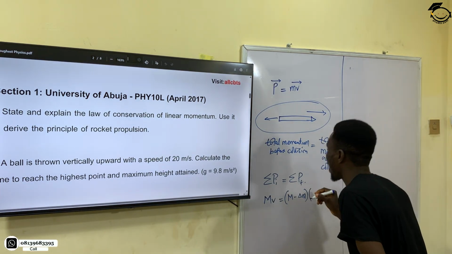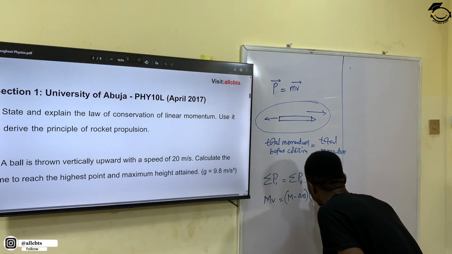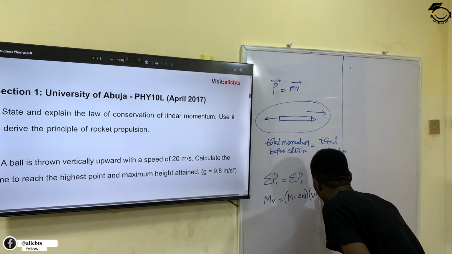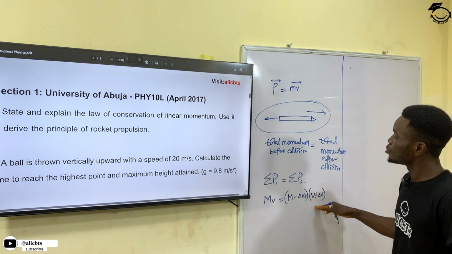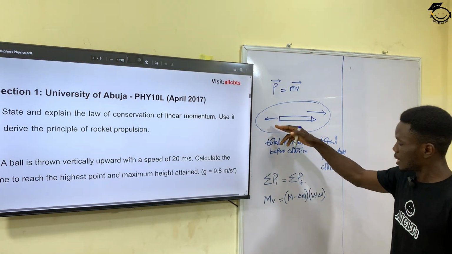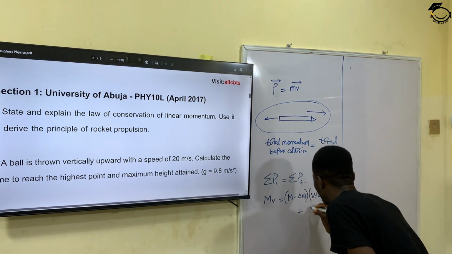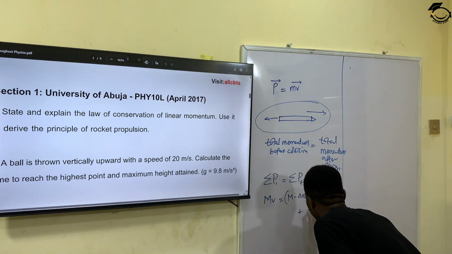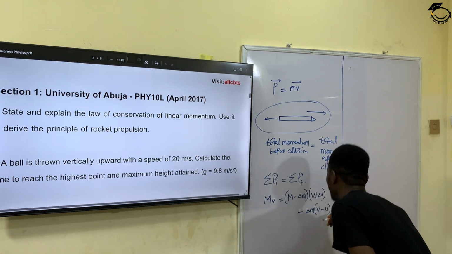This is times, since we have mv, the velocity of the rocket plus the additional velocity that was added by the movement of the expelled gas. This is plus the mass of the gas that was expelled, change in m, times the bracket of the final velocity minus the initial velocity of the gas.